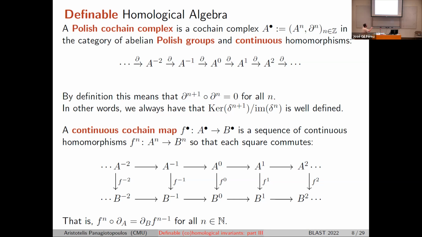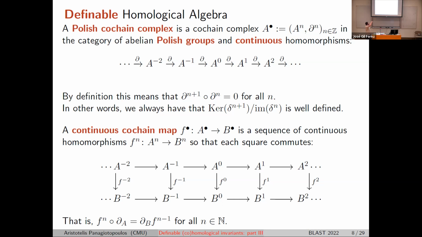But okay, so now you may ask what are the maps between cochain complexes. So you have a cochain complex like that, and another cochain complex like that, and usually, without the continuity yet, a cochain map is a group homomorphism in the vertical direction, so that its squares here commute.